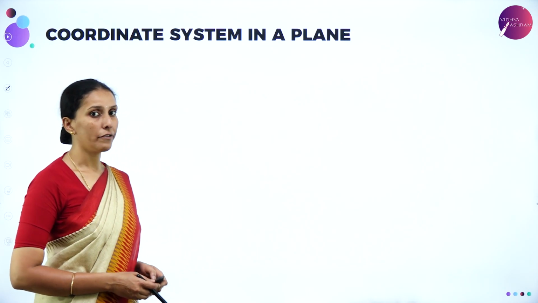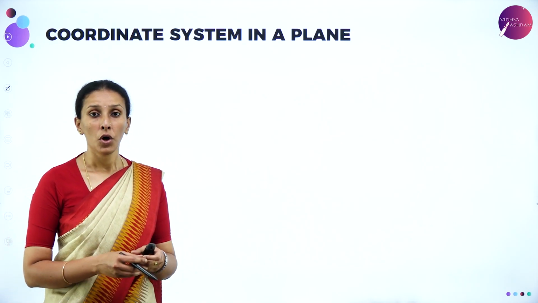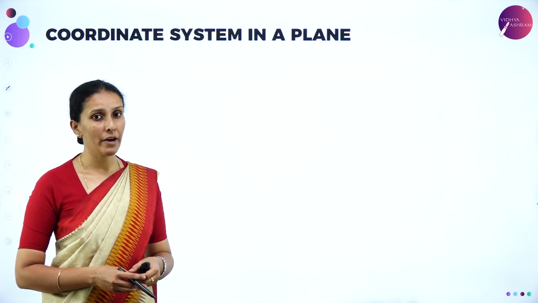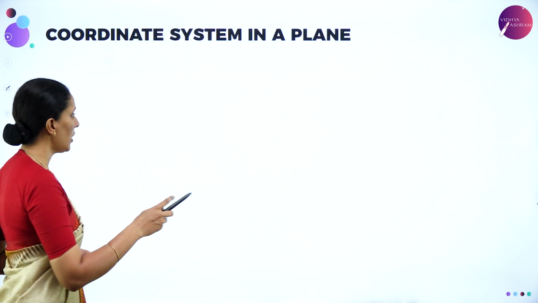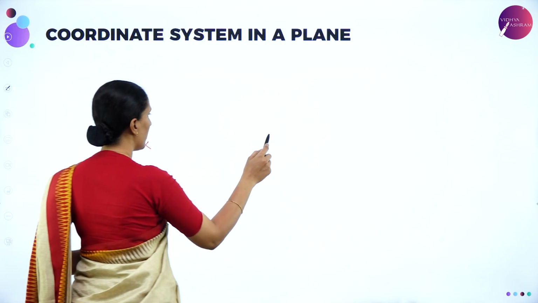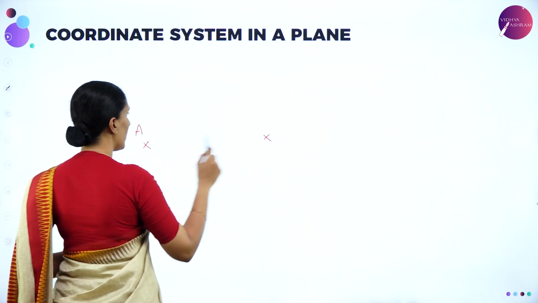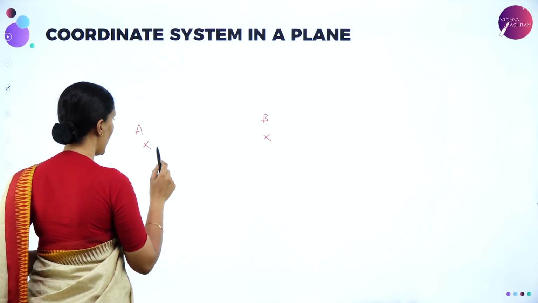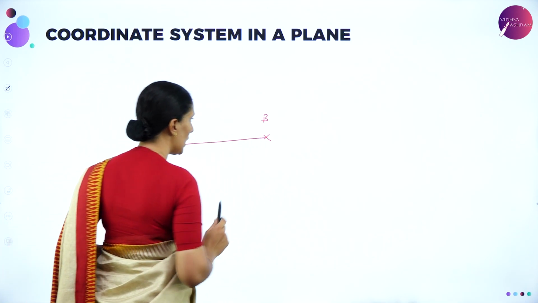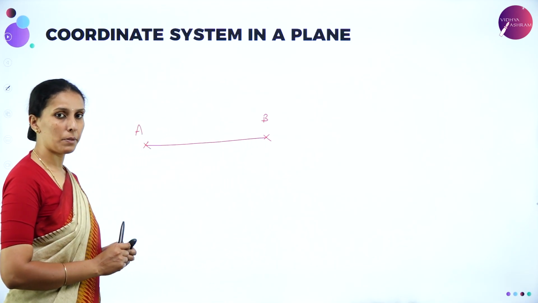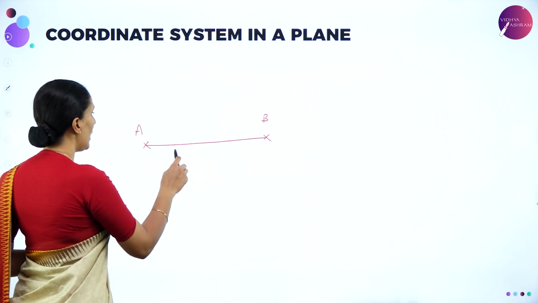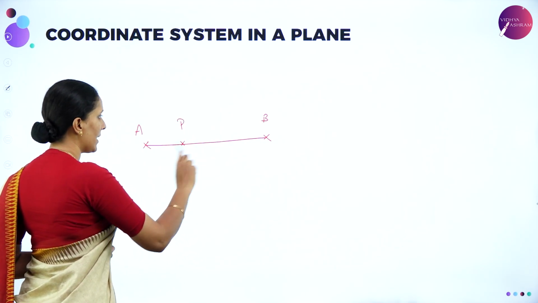The next thing is we are learning the section formula. What do you mean by section formula and why are we using section formula? Now consider 2 points, and let these points be represented by A and B. So let AB be the line segment, or the distance between the points A and B. Let P be any point on the line segment.